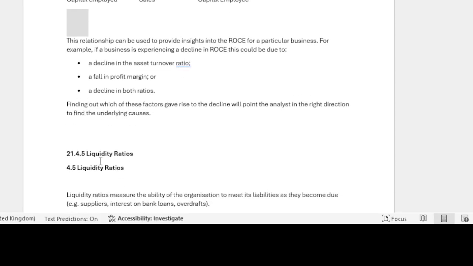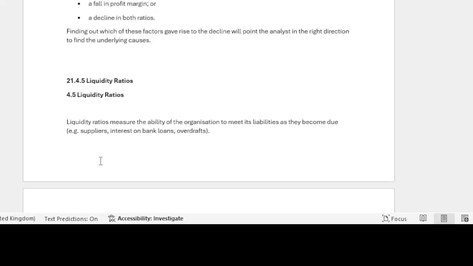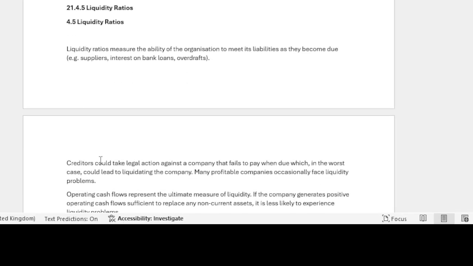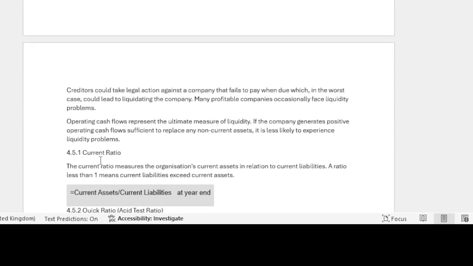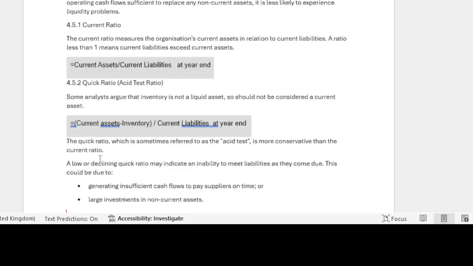We also have ratios that we can use, especially the liquidity ratios. So we have the current ratio and the quick ratio. Under the current ratio, we have the current assets divided by the current liabilities, and these should be at the end of the year, not at the start of the year.